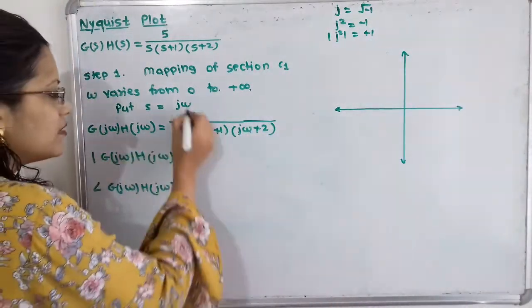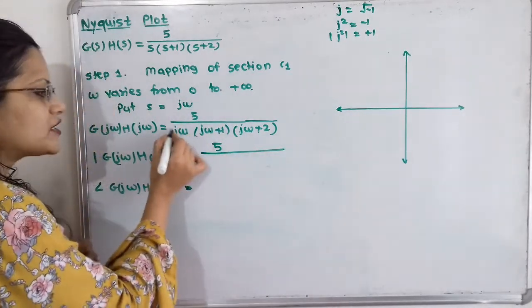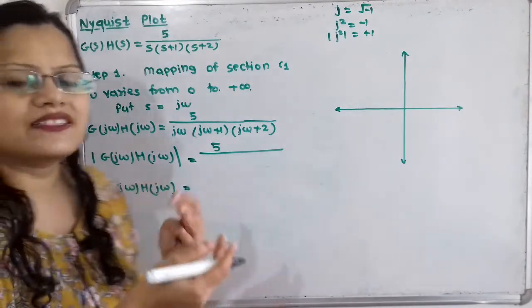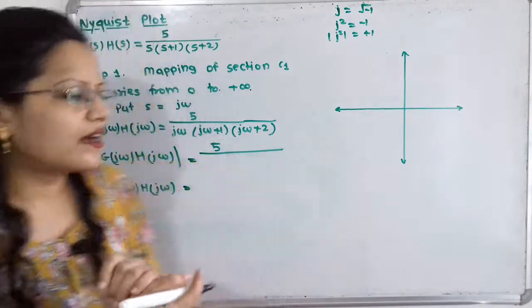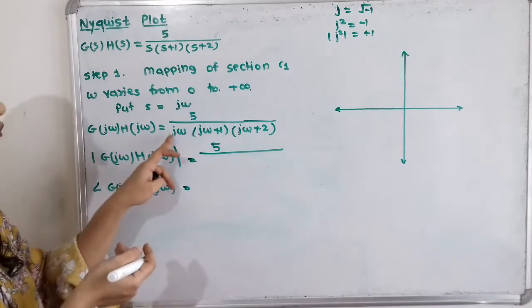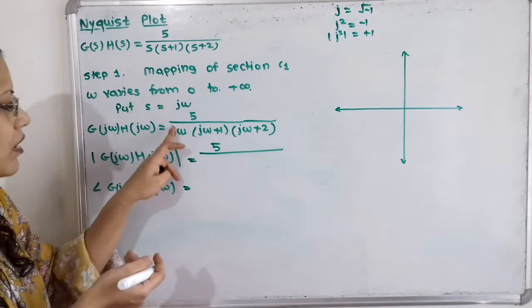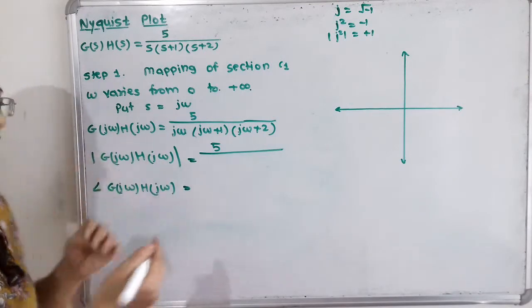So I will write this 5 divided by. Now here we have to take square root and square for this j omega. So square root and square we have to take simultaneously. So here j square omega square, but this term is in the under root. So for this j square we have to take plus 1. Then under root of omega square means what? Under root of omega square, that means omega.